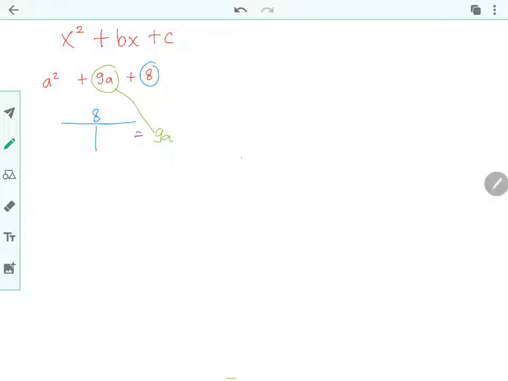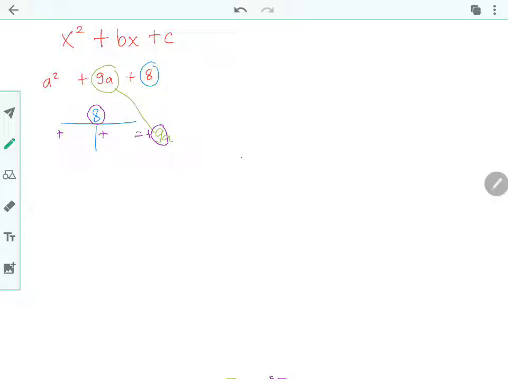Okay, so it's actually quite easy. You need to find two numbers. If you multiply them, that will equal 8, but if you add them, that will equal 9. Okay, so here, because this is a positive number, I think both of the factors will be positive numbers.